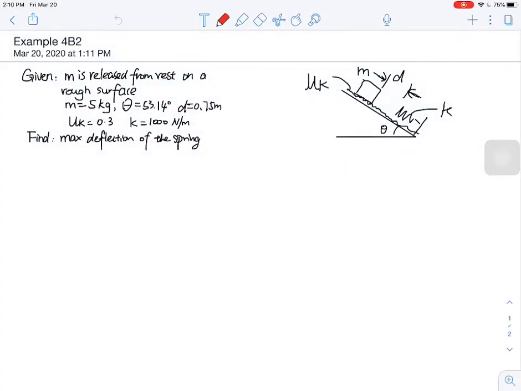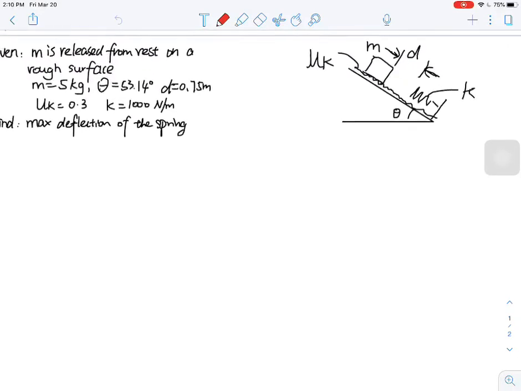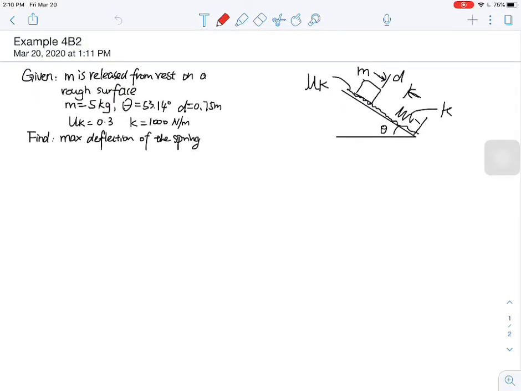Let's first look at example 4b2, which is the same example in your book, the second example in section 4b. In this example, we have a block sitting on a rough surface, and this surface has an angle theta.